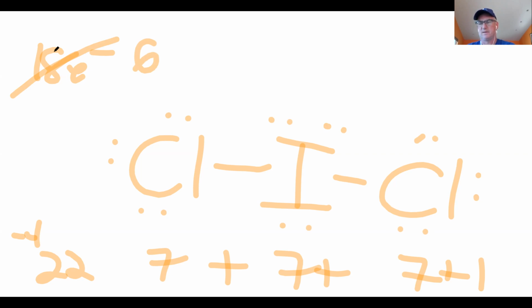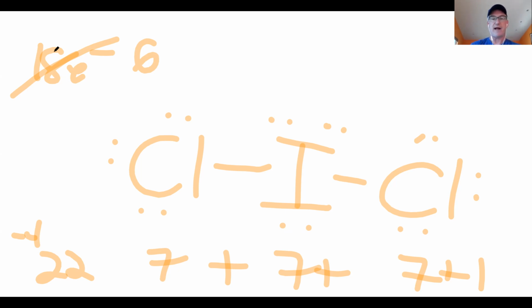It's below the second group, so it can break the octet rule. Iodine's a big atom. It has more than enough room for another pair. I think it's in the 5th or 6th row, so it's big. There's lots of room for an extra electron.